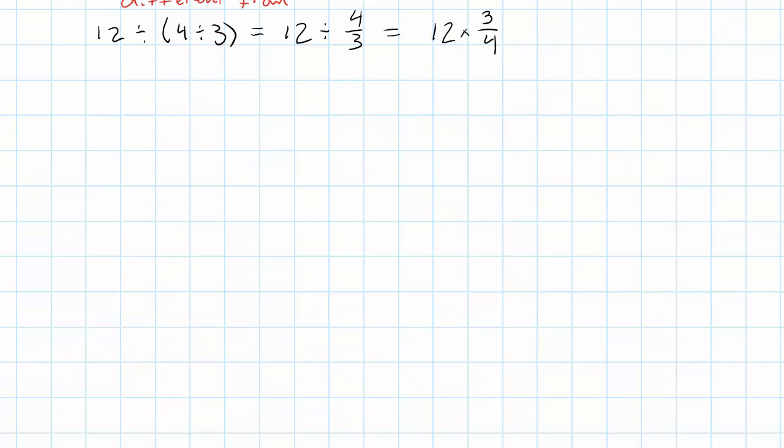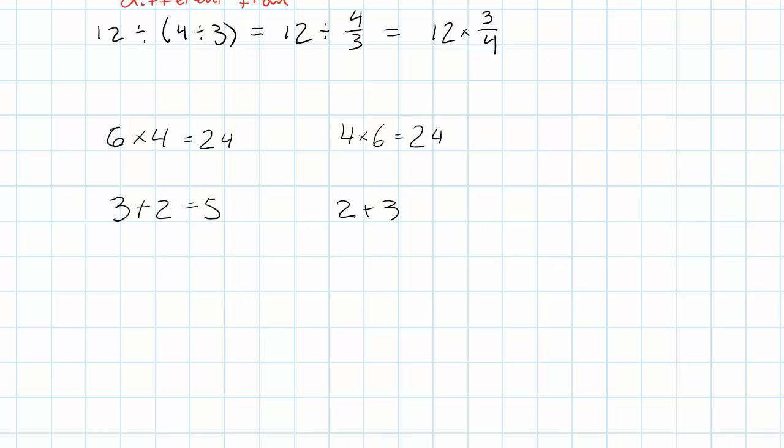All right, now here's another sense in which order sometimes doesn't matter. Let's say we take 6 times 4, that's 24. But 4 times 6 is also 24. Or if we take 3 plus 2, that's 5. 2 plus 3, that's also 5.